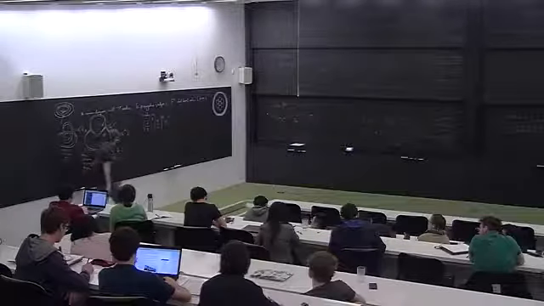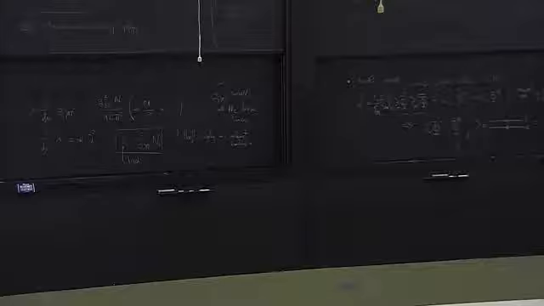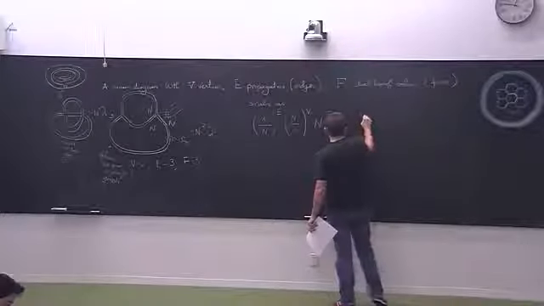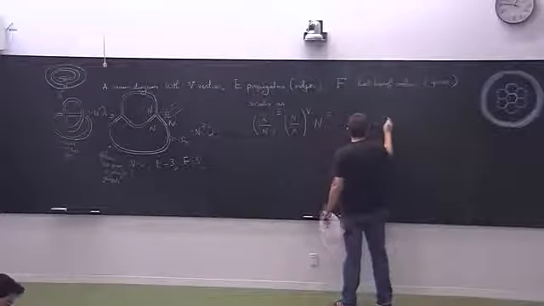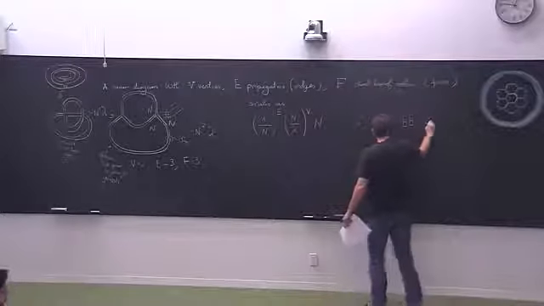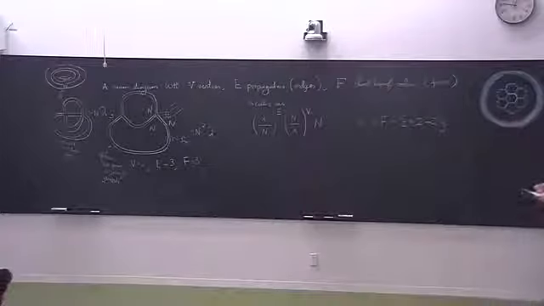And indeed, it's not a coincidence, because in general, for any graph that triangulates a two-dimensional surface, the number of vertices plus the number of faces minus the number of edges is 2 minus 2g. So there is a simple relation between these numbers and the genus of the surface.